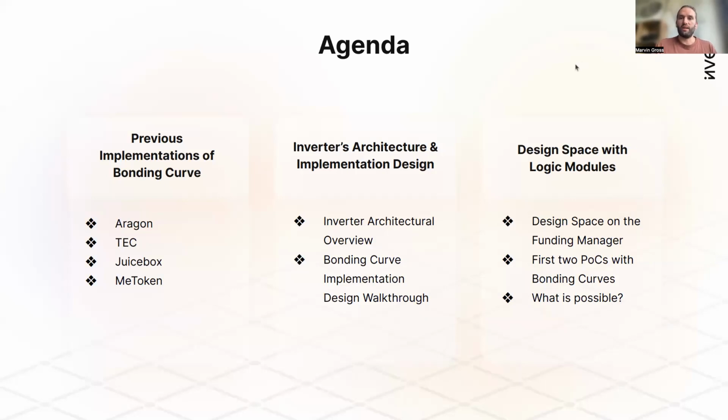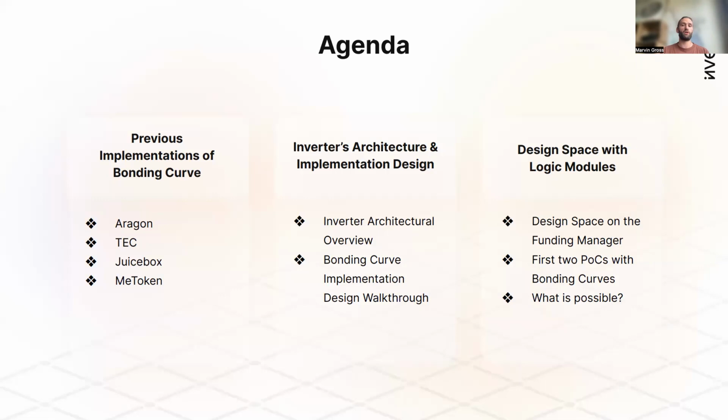All right. So as far as the purpose of today's call, I think I mentioned it already, but the purpose is to present what we've been designing and get feedback from domain experts within the bonding curve space and mechanism design. Our agenda has three overarching points.